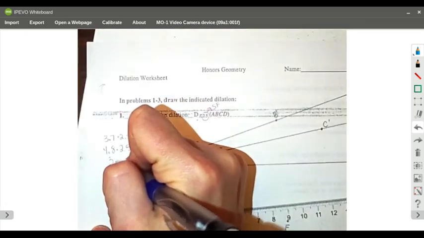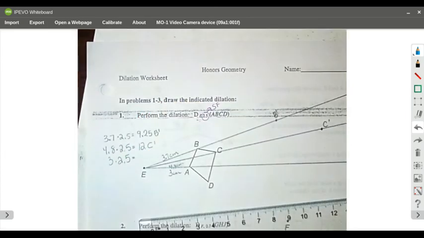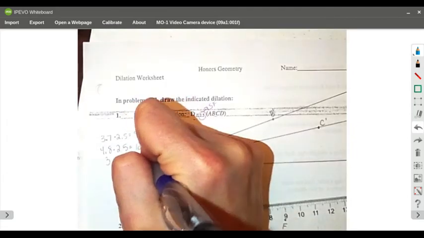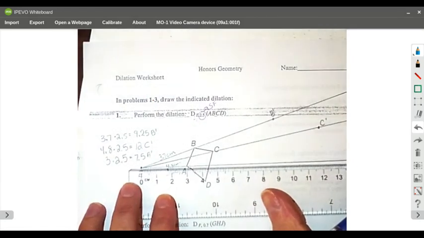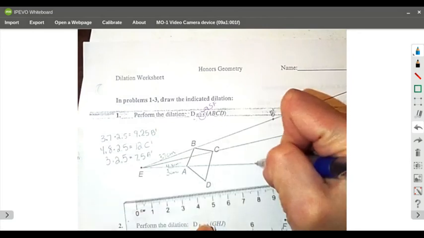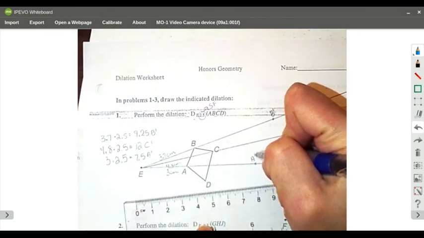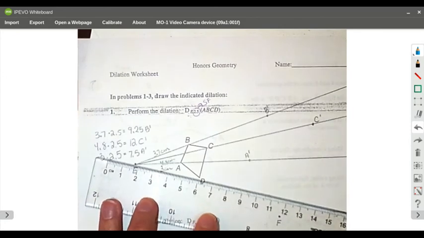So then 3 times 2.5 is going to be 7.5. So go back to E, and we want 7.5 on this line, which is here. Make sure you're labeling with the prime symbols too. That's important.